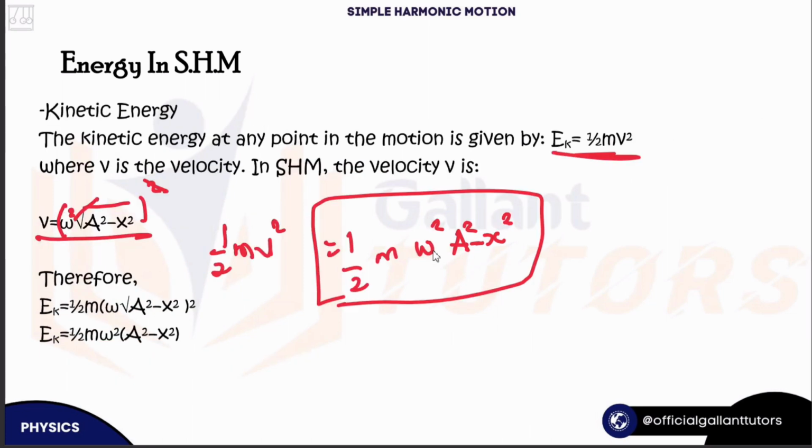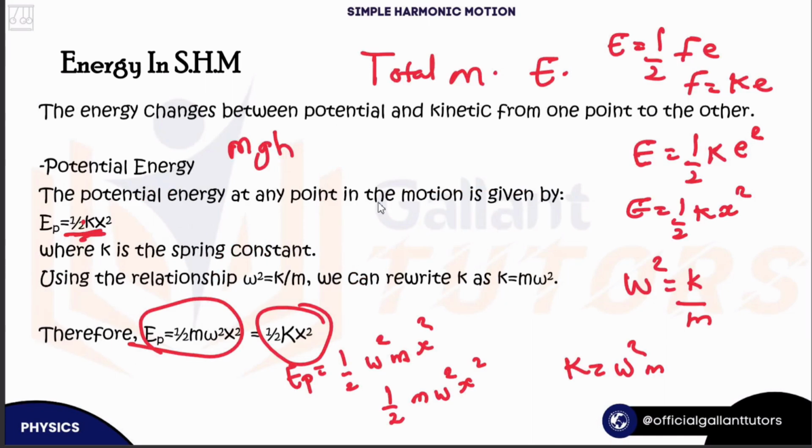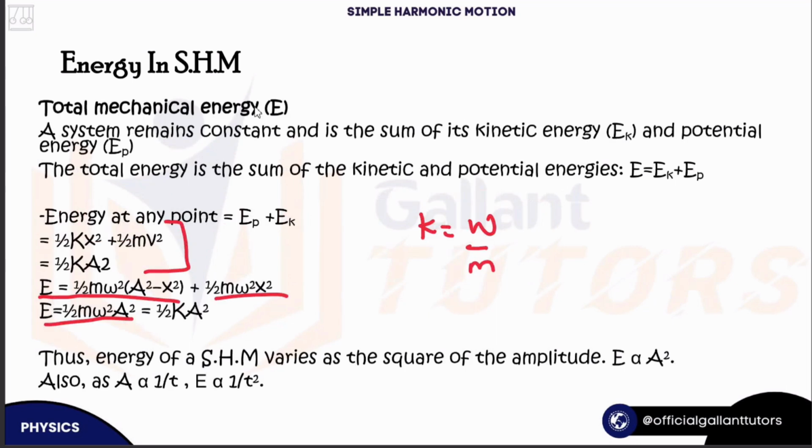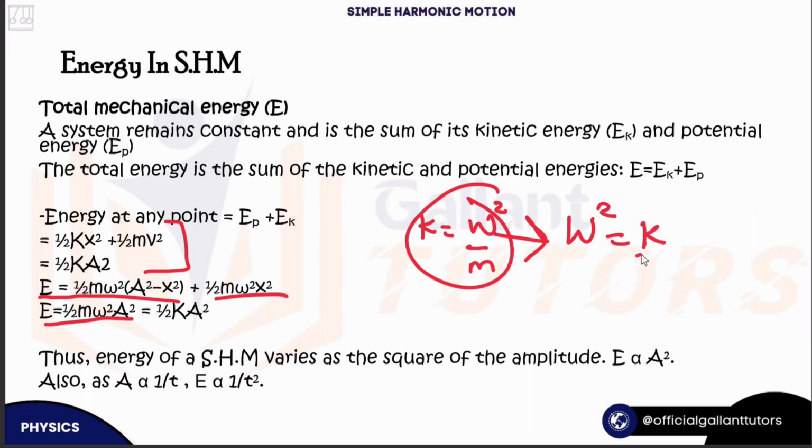Alright, look at this formula again. W square is equal to K over M. Just teasing you. So W square is equal to K over M. Right?